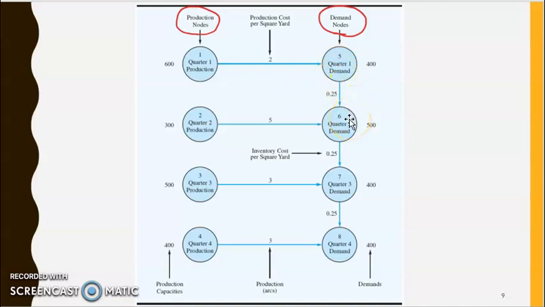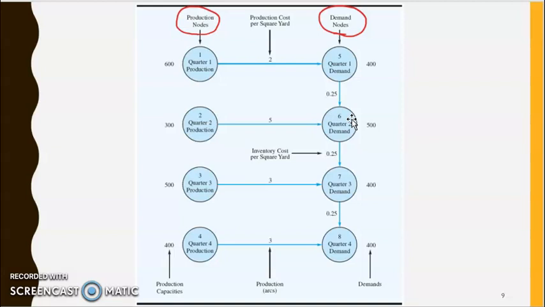It is the first time that we are doing, because in the previous times, either in the shortest route problem, in the maximal flow problem, in the supply chain problem, in all of them, the nodes were either origin or destination or transshipment.